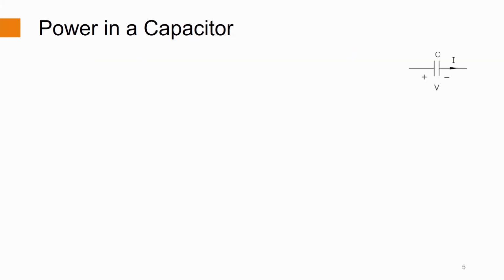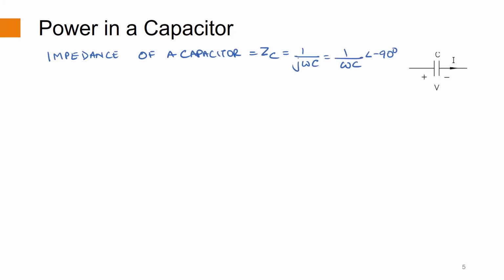Next, let us look at the complex power in a capacitor. The impedance of a pure capacitor is Zc, equal to 1 divided by j omega C, which is equal to 1 by omega C at an angle of minus 90 degrees. Taking the voltage as the reference phasor again, we get V equal to V at an angle of 0 degrees.